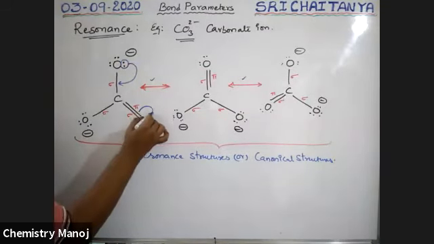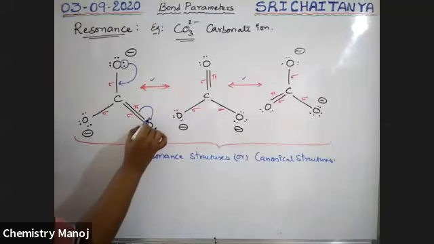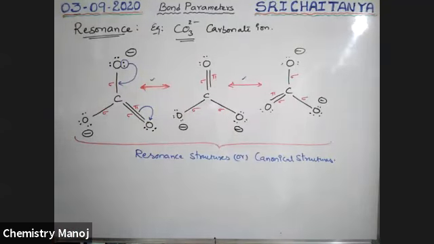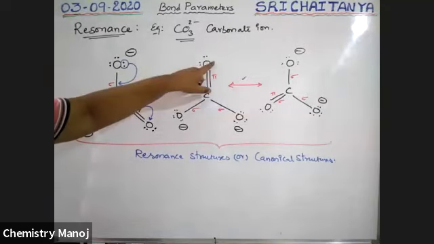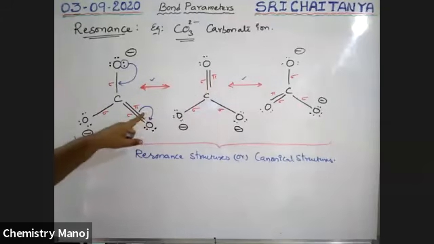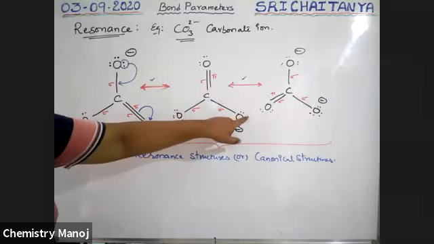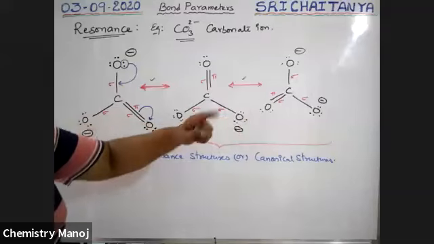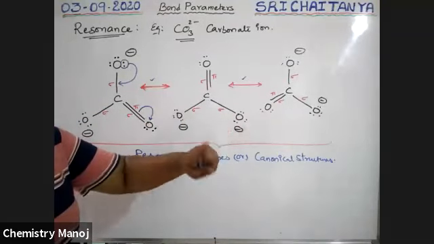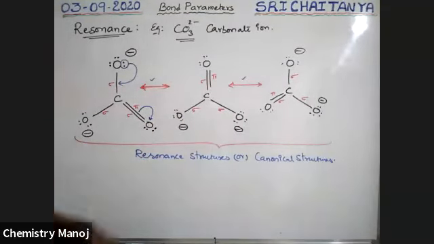This pi bond is converted like this. This is actually happening. That means lone pair is changed to pi bond, and pi bond is changed to lone pair. Lone pair and pi bond are interconvertible.